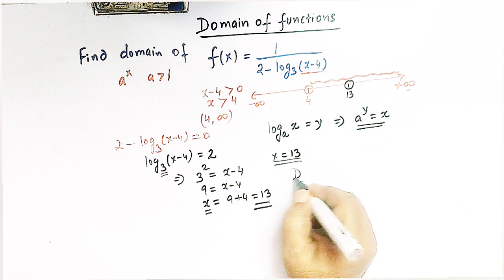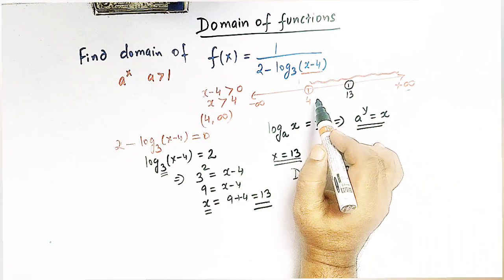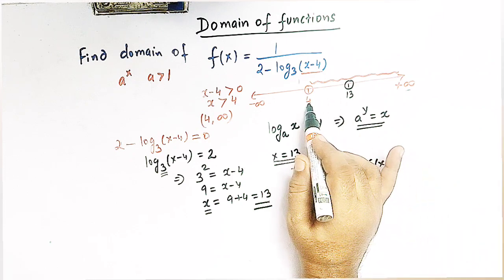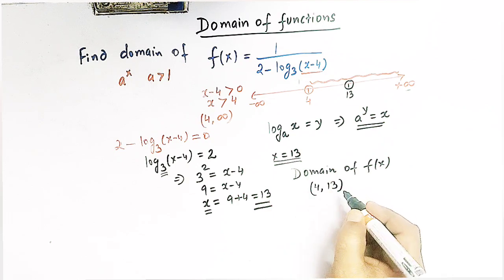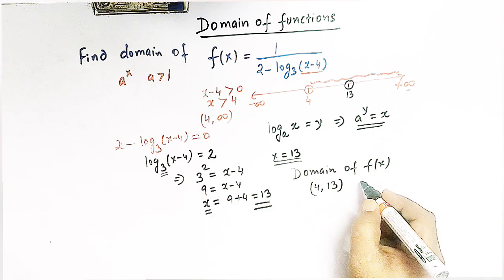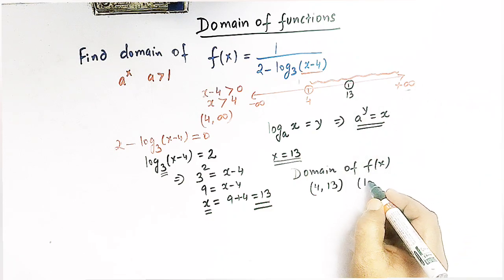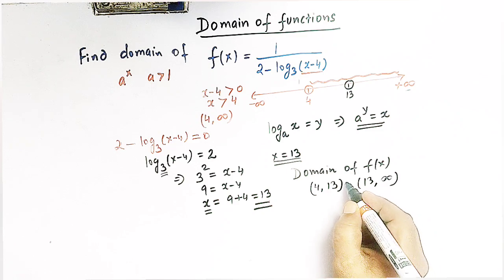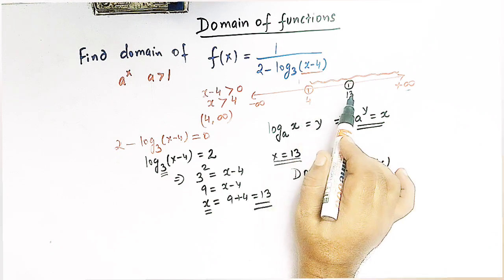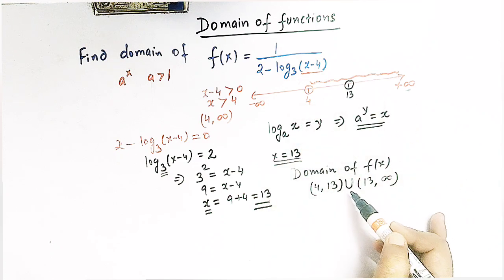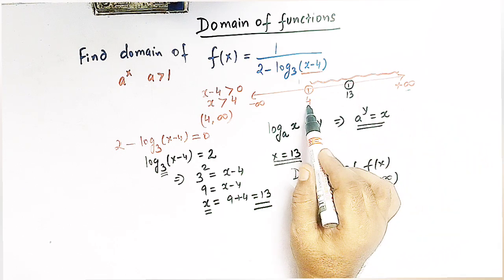So the domain of the function f of x is given by the interval from 4 to 13, with 4 and 13 not included, and then the interval from 13 to infinity, with the union sign between them. This means we include both intervals, excluding 4 and 13.